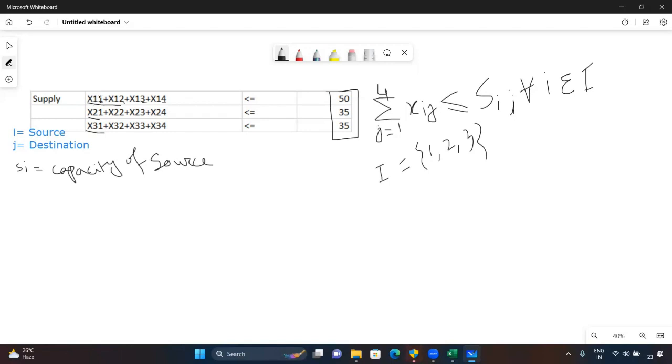So this is 1, this is 2, and 3. So this is the formula of our supply constraint. Look, see, after formulating the mathematical model, we are able to reduce 3 lines into a single line.